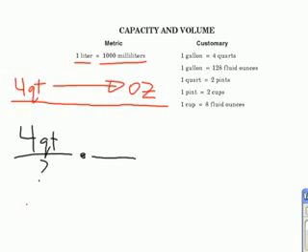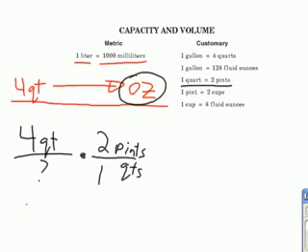Now, the first thing I see is quarts equals pints. So I'm going to have to put pints up here, and again, I want to cancel out quarts. I'm just going to write 1 quart is 2 pints. But I don't want pints. Again, stay focused on what you want. I want ounces. I'm going to put another multiplication sign. And I see pints.